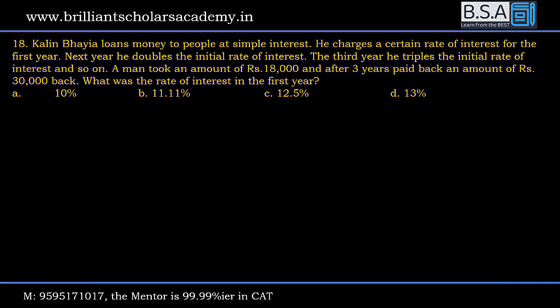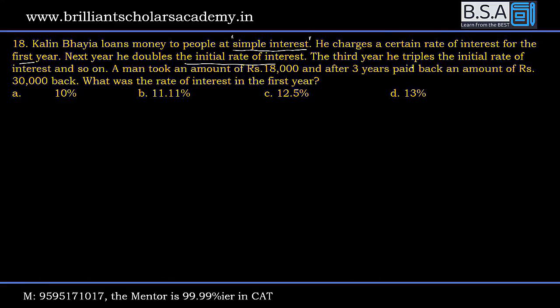Kalin Bhaiya loans money to people at simple interest. Kalin Bhaiya is a nice person. He only charges simple interest. He charges a certain rate of interest for the first year. Next year, he doubles the initial rate of interest.